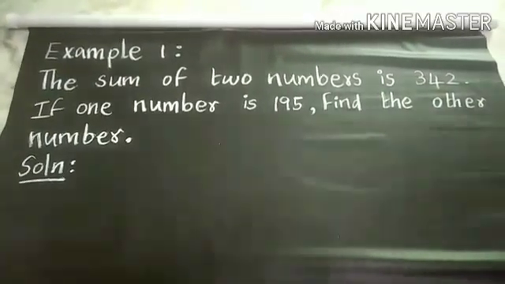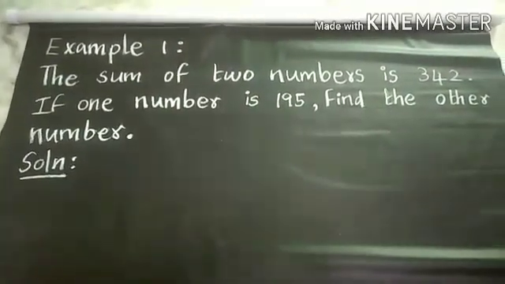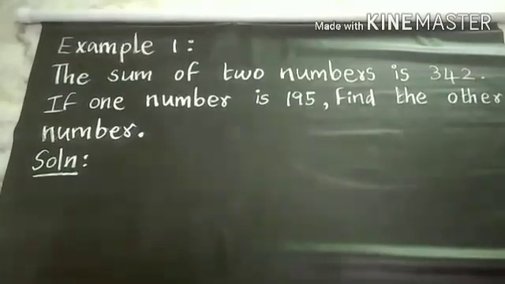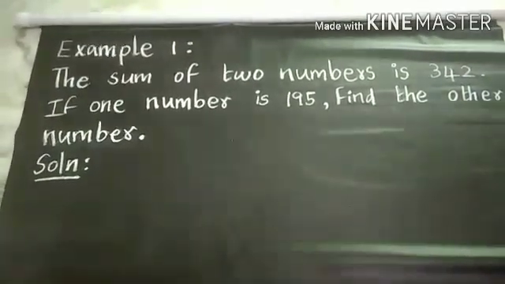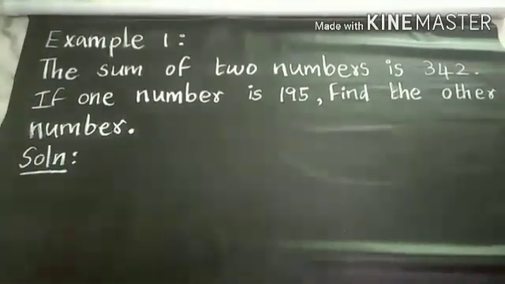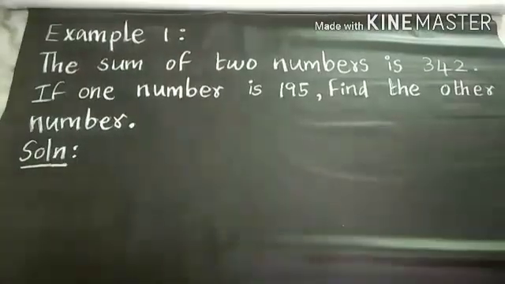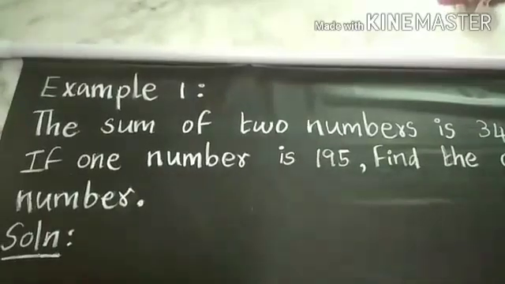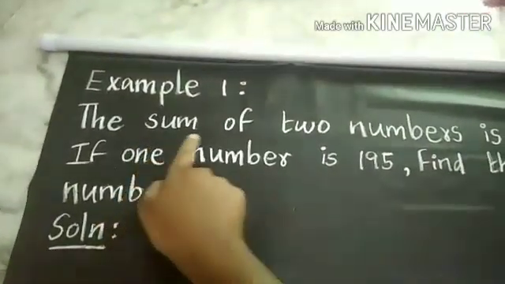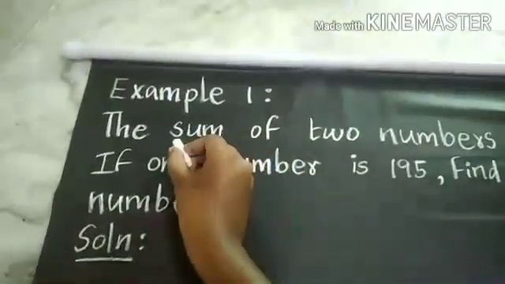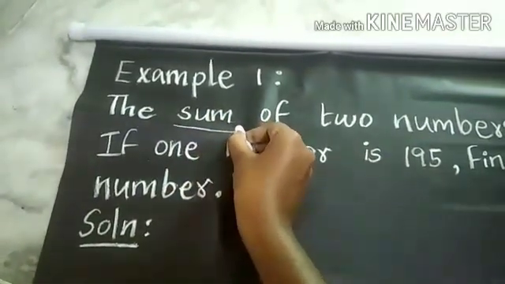Example 1. The sum of two numbers is 342. If one number is 195, find the other number. Students, here the sum of two numbers means we have to add any two numbers.